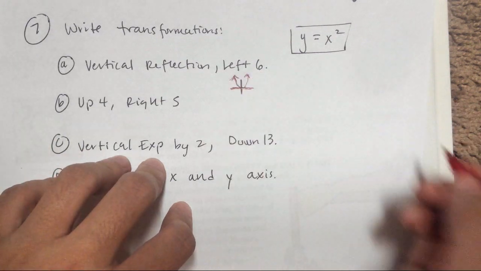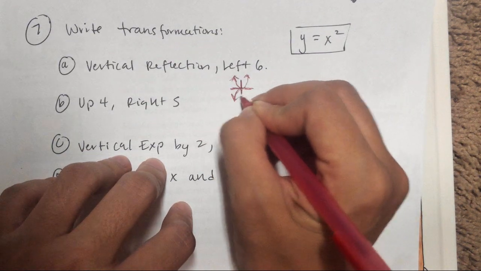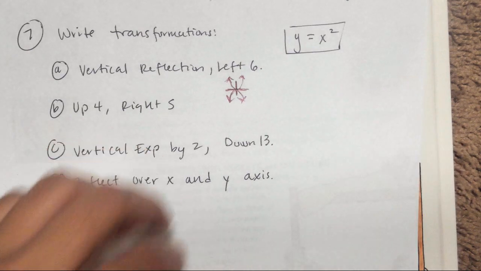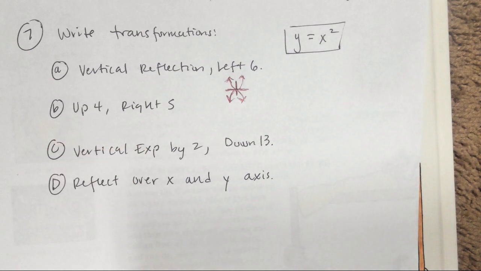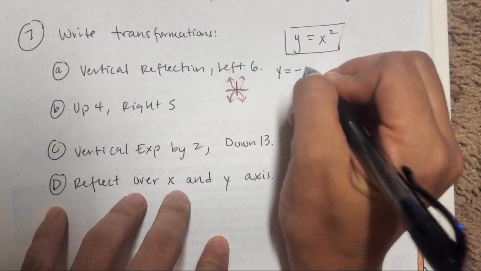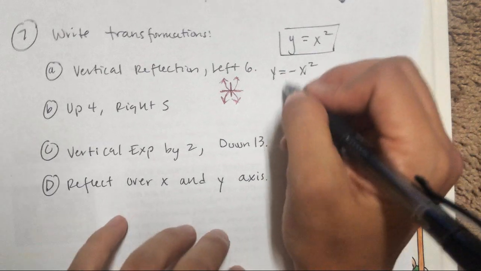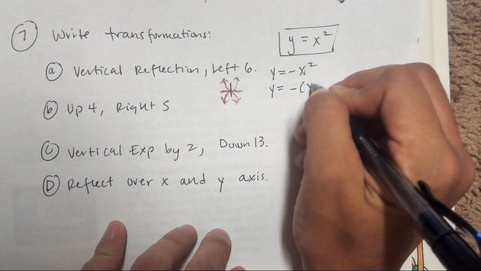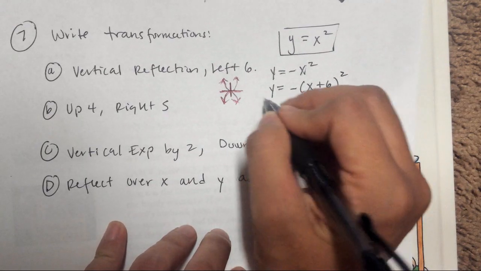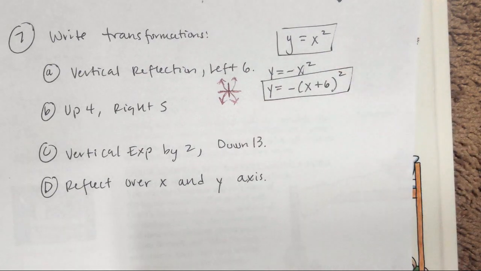So if you started up, you're now going to flip it down. So that means you're going to flip over the x-axis. So that means you're going to have a negative in front of the x squared. And then it says you're going to go left 6. So that's horizontal land. So you're going to write plus 6 in parentheses. And that's your final answer.